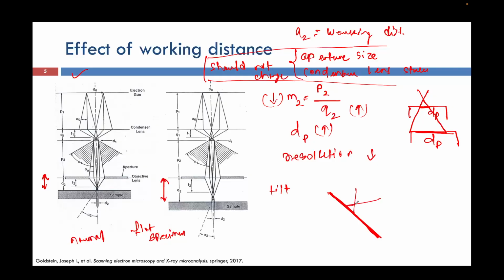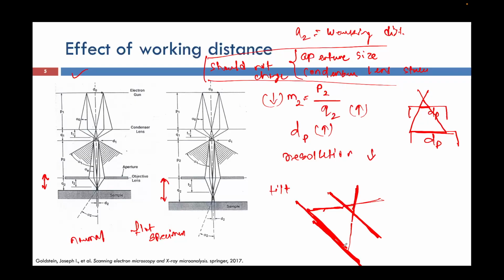This is my probe size, earlier probe size, right? So now at this point, this is my working distance. Now let's say I decrease my working distance to somewhat like this. Then what will happen?